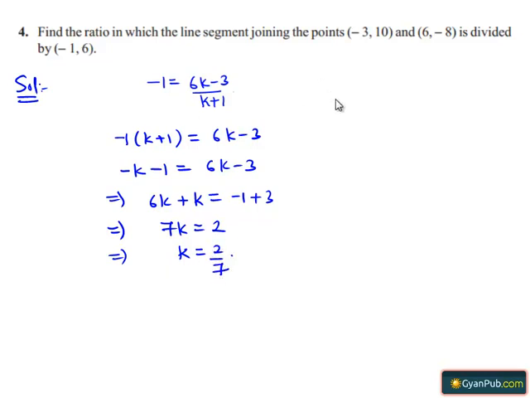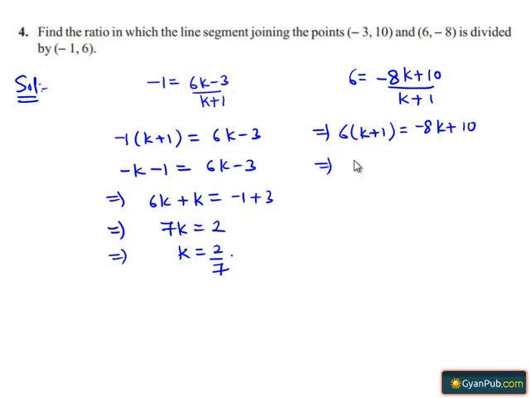Now by equating the y coordinates, we get 6 = (-8k + 10)/(k + 1). This implies multiplying by k + 1 on both sides, we get 6 times (k + 1) = -8k + 10.